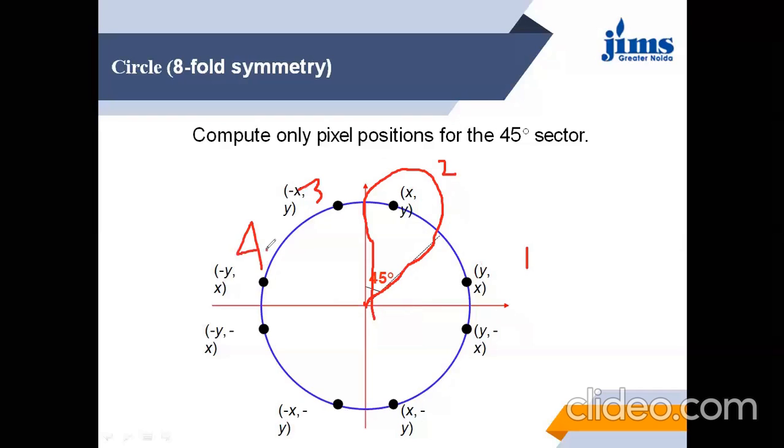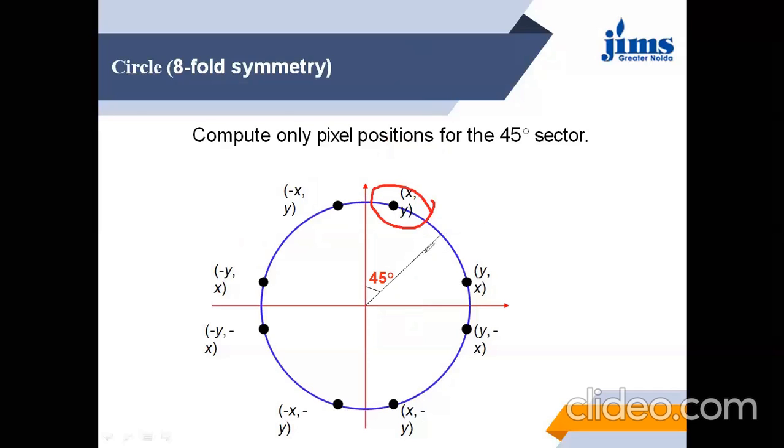We have to find the values in one octant only, and we are going to find them in this one, because it's easy for us to calculate, as the values are positive.